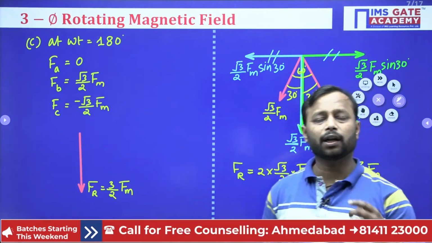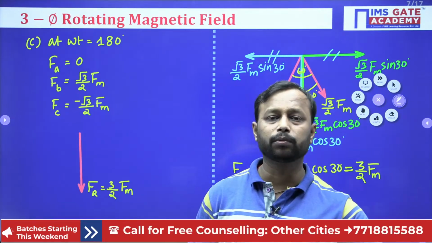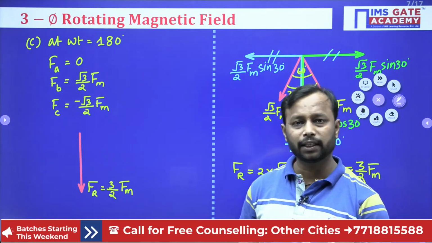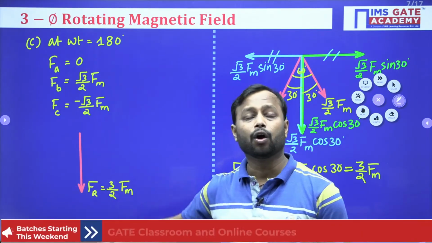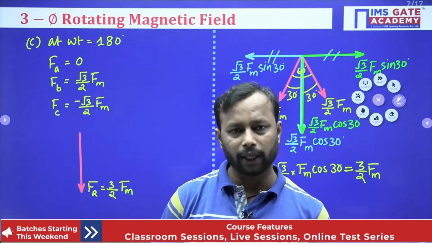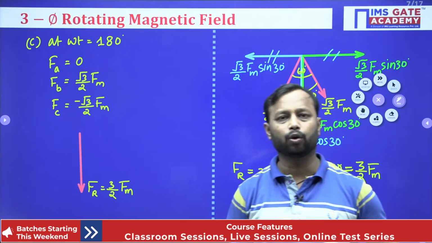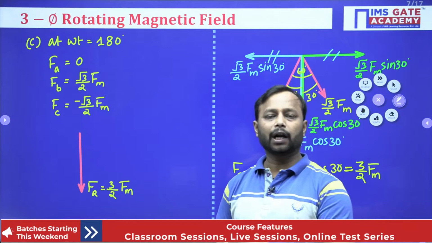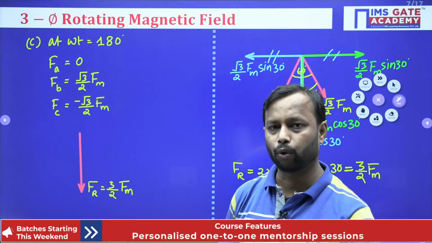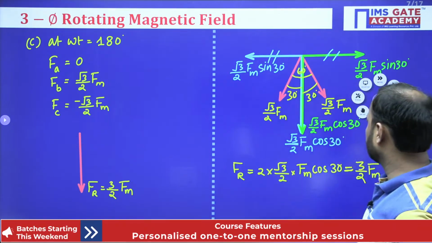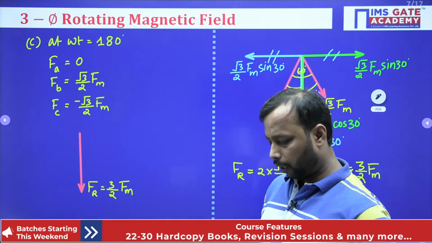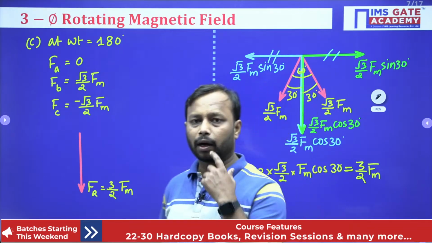So if you consider all the values of omega t from 0 degree to 360 degree, you are going to see that your resultant magnetic field rotates in clockwise direction. So in this way, the magnetic field is going to rotate, and if the magnetic field rotates, the EMF is going to be induced in the conductor. Which conductor? Rotor conductor. All right. So this is one concept where we have used the MMF values.